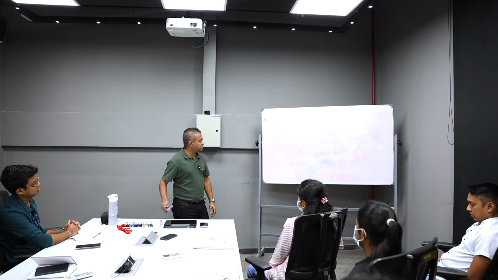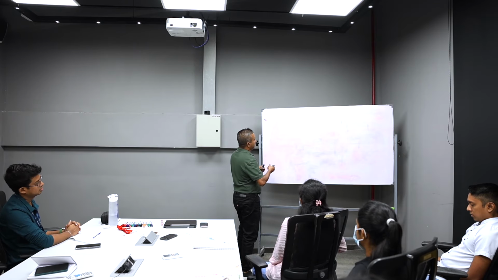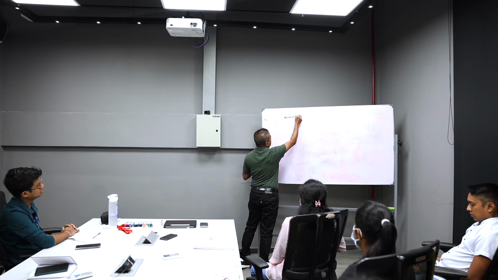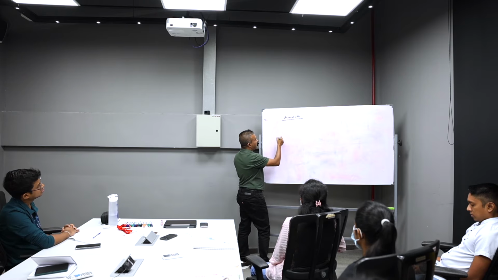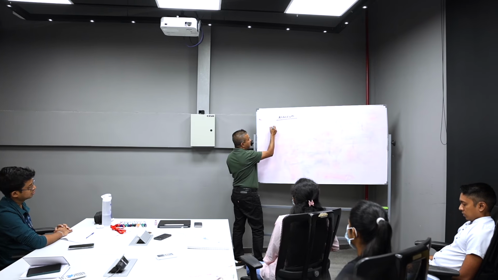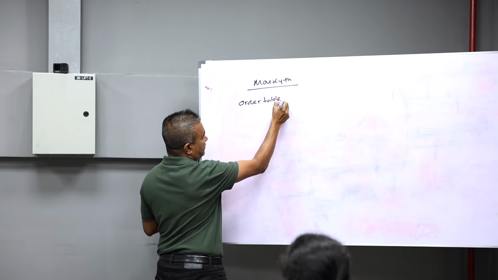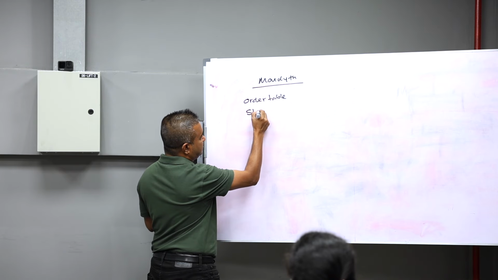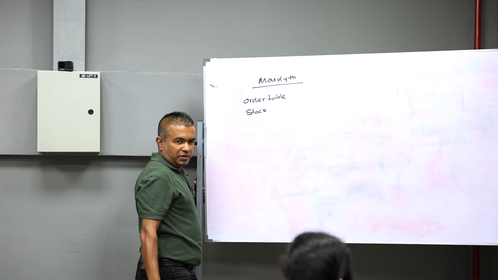If you take a traditional application, let us say a monolith application, you are going to create an order. So, you need to write to the order table, you need to write to the stock table, you probably need to update the customer table.